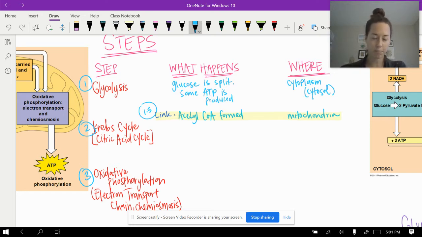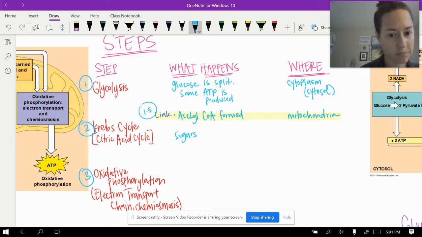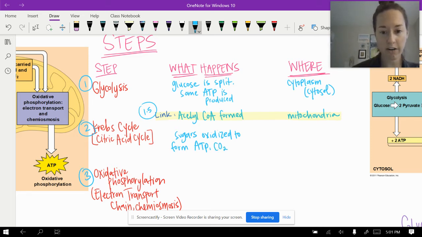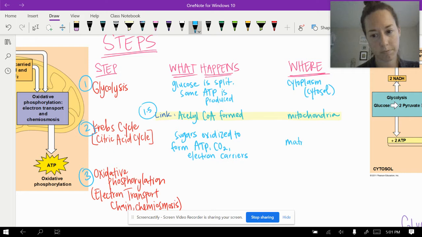In the Krebs cycle, the sugars that you ate are oxidized to form some ATP, some CO2, and also some electron carrying molecules, which I'll just write for now. And this happens in the matrix of the mitochondria.